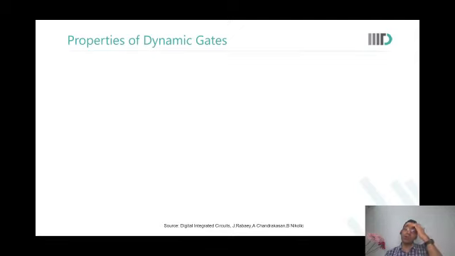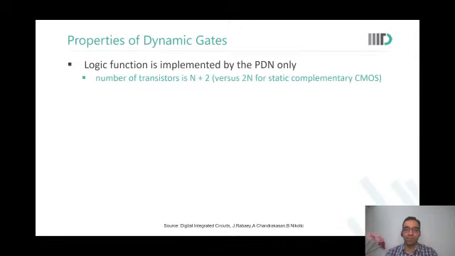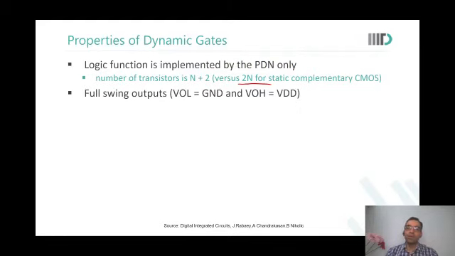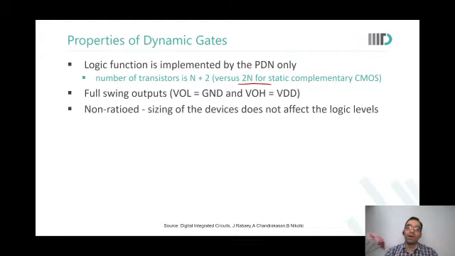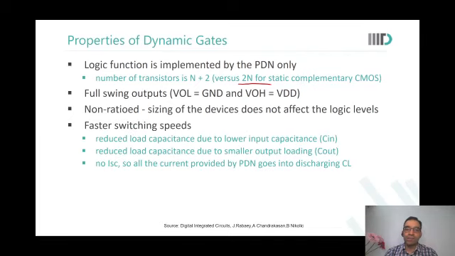So what are the properties of dynamic gates? First, the total number of transistors is n plus 2 versus 2n for static CMOS. Then you get full swing outputs. We're not worried about ratioed logic just yet. You will get full 0s and full 1s, so non-ratioed sizing.